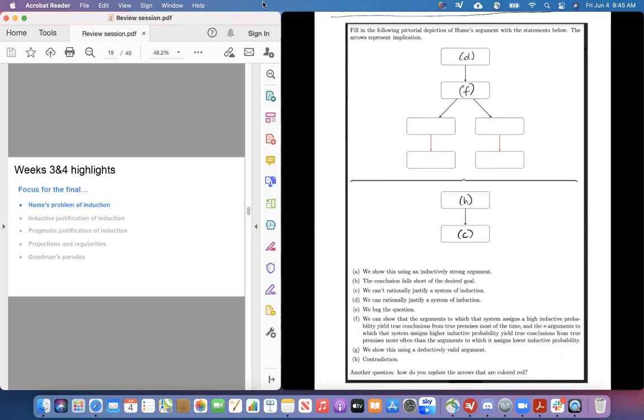So if we can show what F says we can show, the idea is to think about how we would show that from Hume's perspective. And what Hume says is, you can show this in two ways. You can show it using a deductively valid argument. That would establish what we want. Or you can show it using an inductively strong argument.